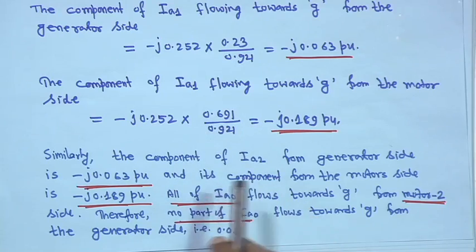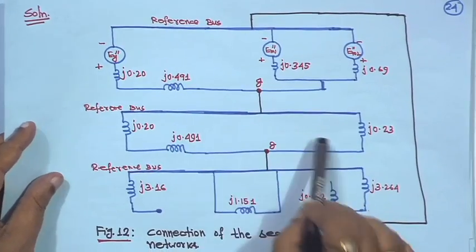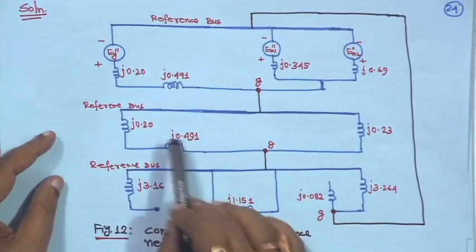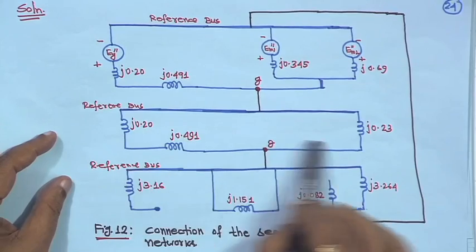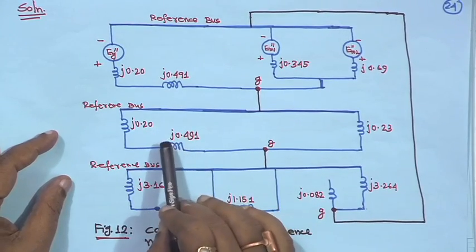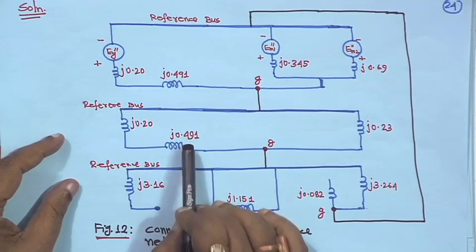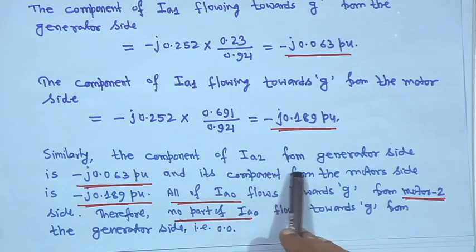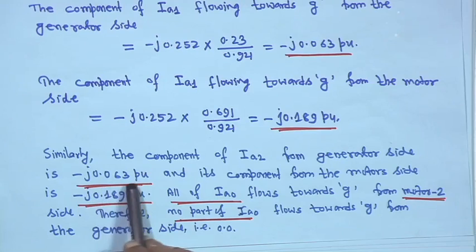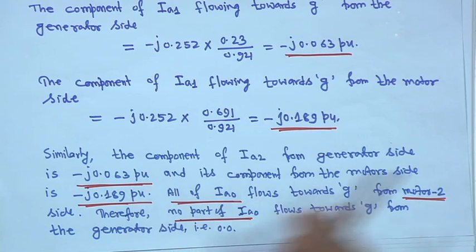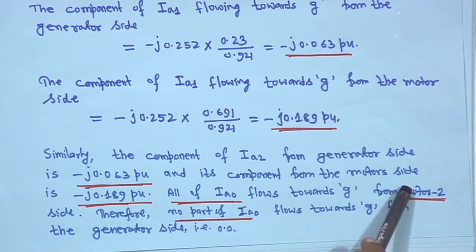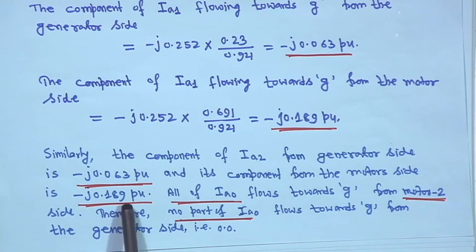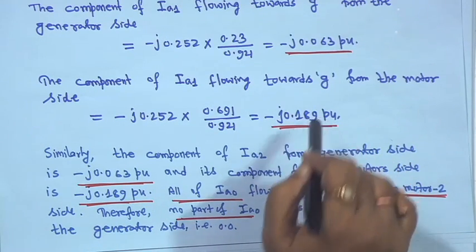Similarly, the component of I A 2 from the generator side is the same, because the negative sequence reactances are all the same, only the voltage sources are not there. Therefore, the component of I A 2 from the generator side is minus J 0.063 per unit and from the motor side it is minus J 0.189, identical to before.